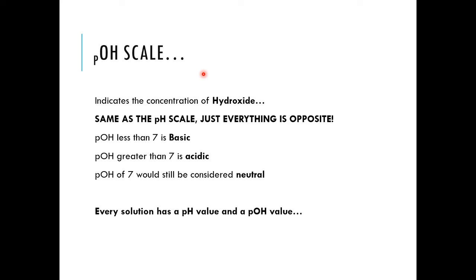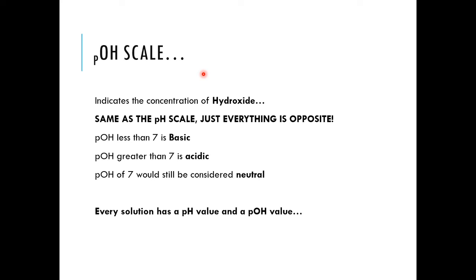Whether you're looking at a solution's pH or a solution's pOH, it doesn't really matter because every solution has both of those values. And not only does it have both of those values, but they'll be opposite in value. So if you had a solution that had a pH of 1, its pOH value would be 13. Or if you had a solution whose pOH was 14, then the pH would be 0.